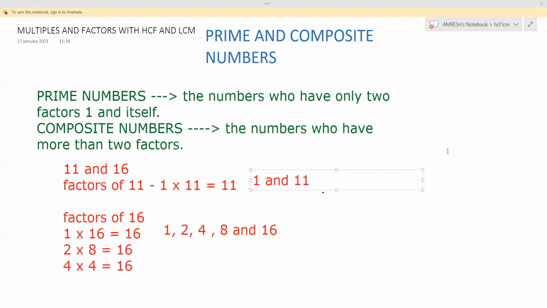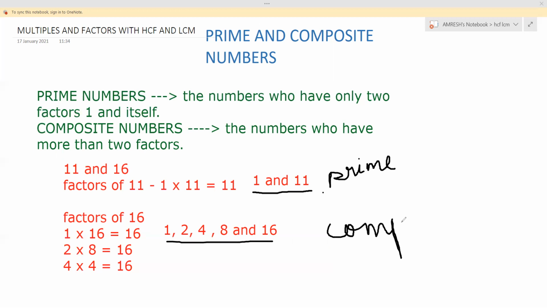By this we can prove that 11 is a prime number, only two factors are there, 1 and 11, and 16 is a composite number.